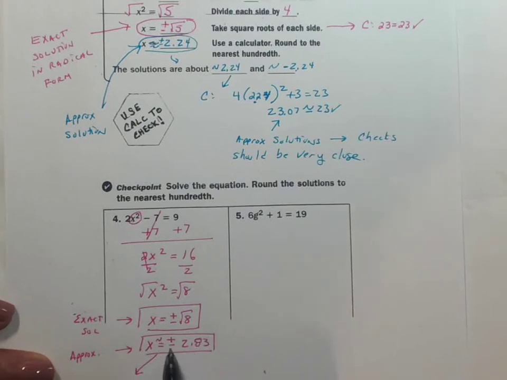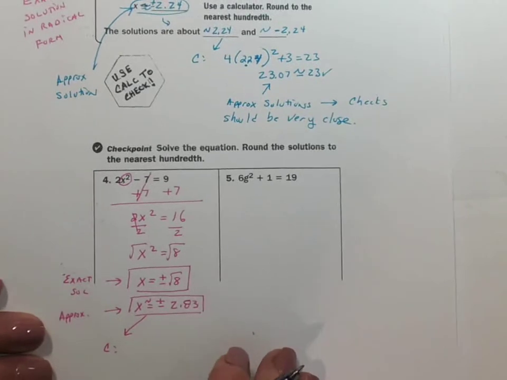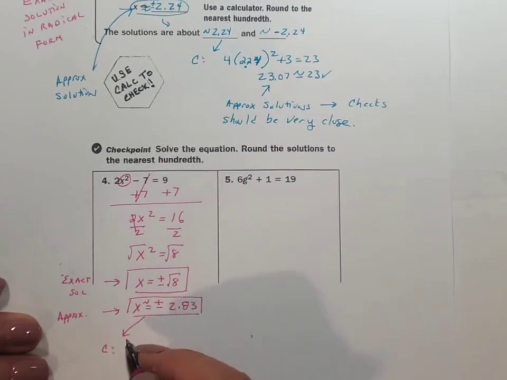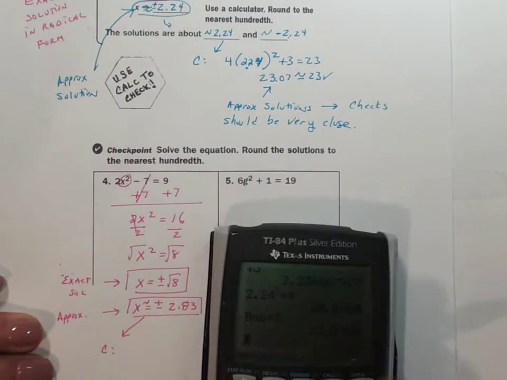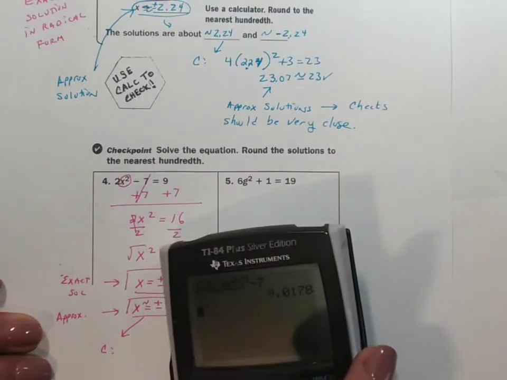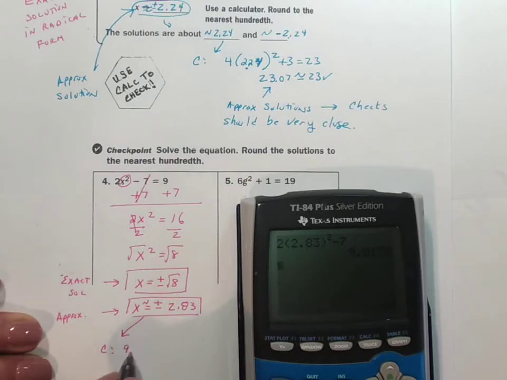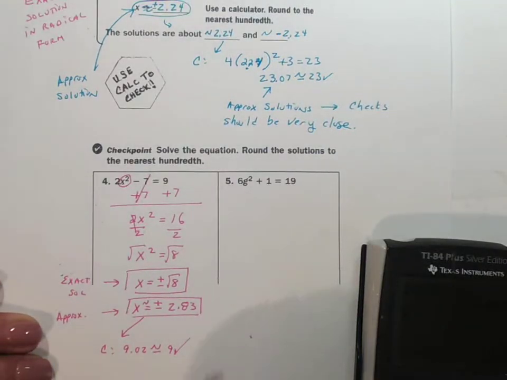Because they're the same numbers, just opposite signs, you really only have to check one of them. I put into my calculator 2 parentheses 2.83 close parentheses squared minus 7, and I get 9.02, which is approximately equal to 9. It's very close. All right, so that one worked.